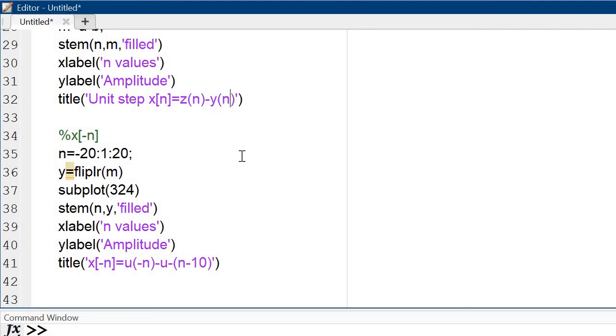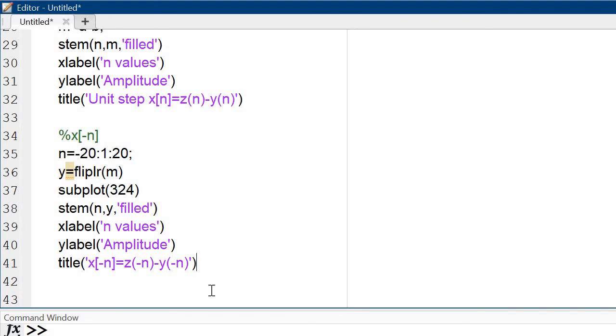Okay, this is just like that, and we can write it like that also. This is our x of minus n, and this is our x of n.